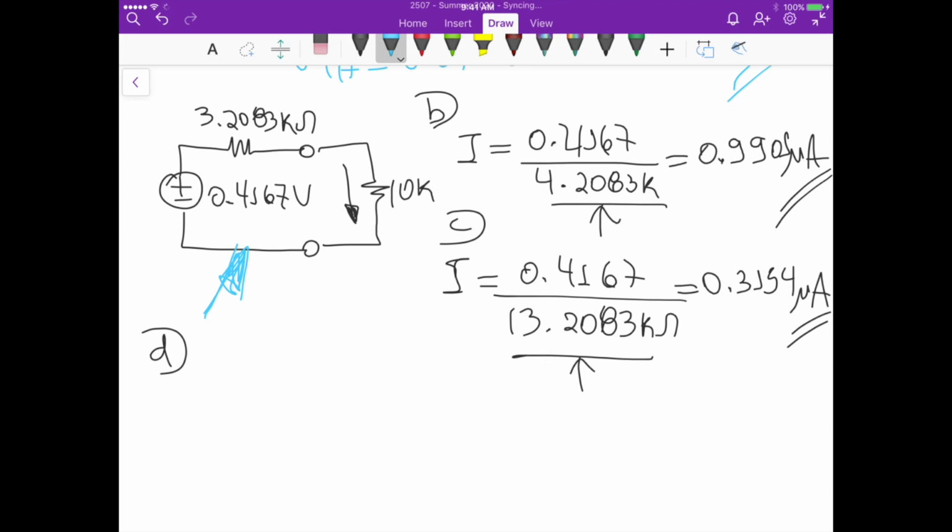So if you want maximum power being transferred from this voltage source to the load here, the resistance 10K actually should be equal to this 3.2083K. That will give us the maximum power transfer to the load.